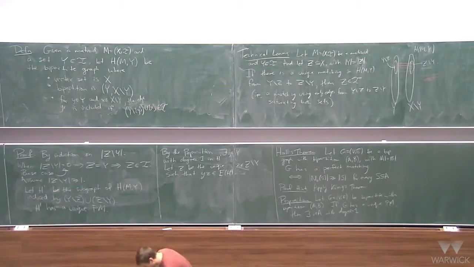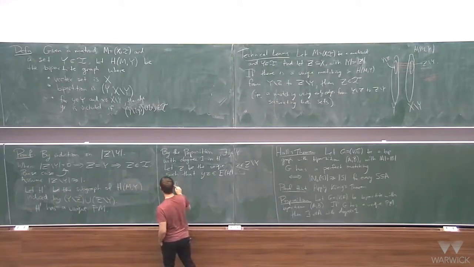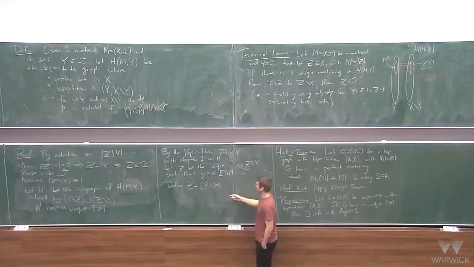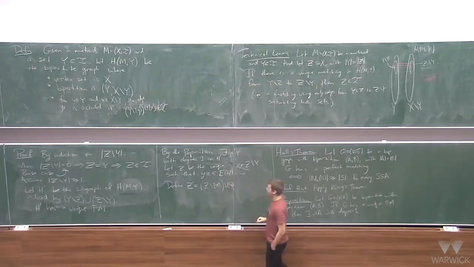So we define Z prime to be the set where I take the set Z, I remove little z, which is the unique neighbor of y, and I add in y.